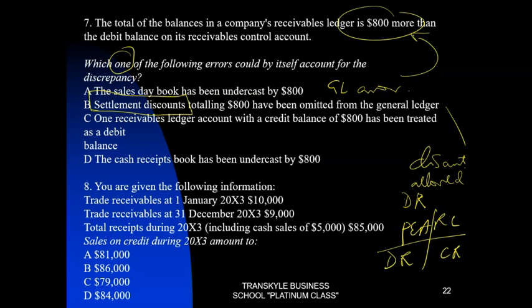If the sales daybook is undercast by $800, then obviously the general ledger is also going to be undercast by $800, which is the main error, a clear error to explain the discrepancy. So it is a bit safer to avoid assuming that these discounts allowed could be discounts received.